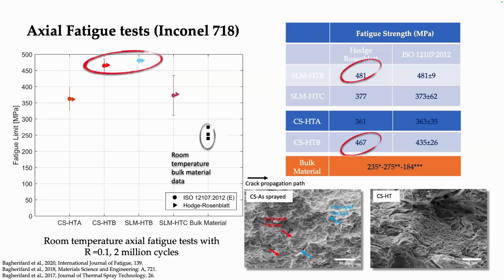This was also the transition between the as-sprayed and heat-treated samples, and the ductility that we were observing was also confirmed from the fracture surfaces, where the density and presence of the dimples was much more notable after heat treatment with respect to the originally as-sprayed sample. So the similar performance of laser powder bed fusion and cold spray was very promising here in terms of the potential of cold spray to be used for structural applications.